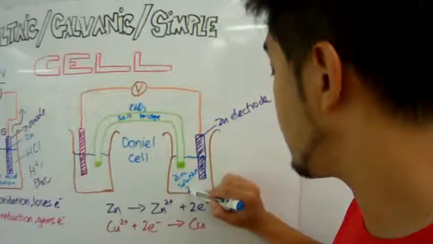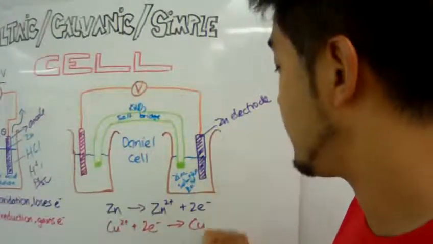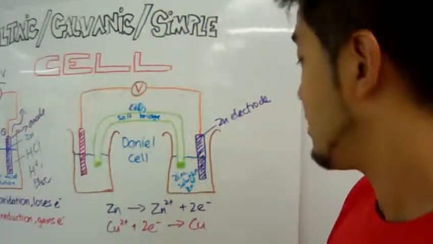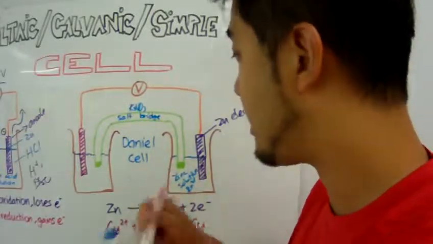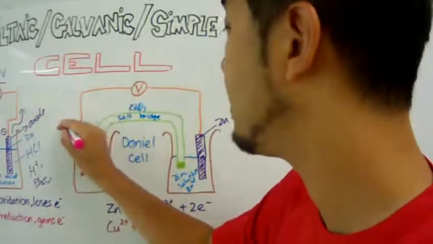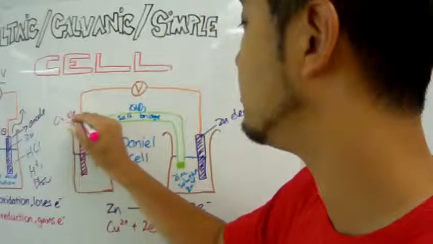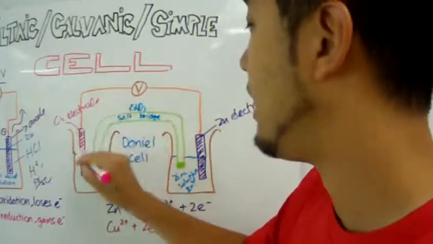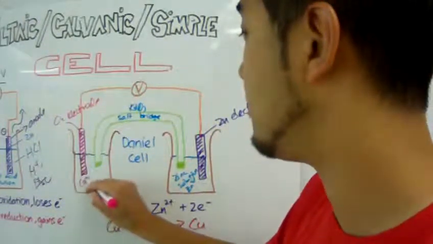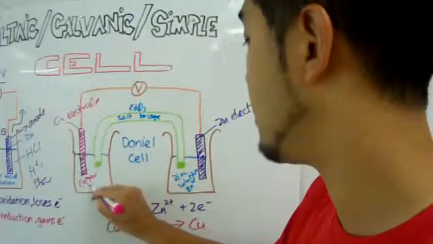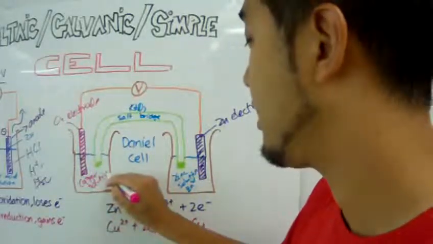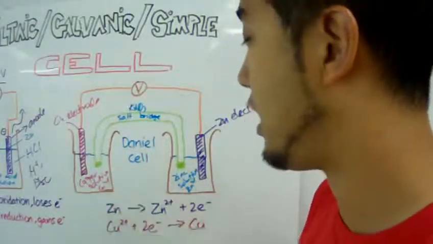In the zinc solution, there's lots of Zn2+. On the other side, I'm going to have a copper electrode and a copper solution, and you have a lot of copper ions in there.